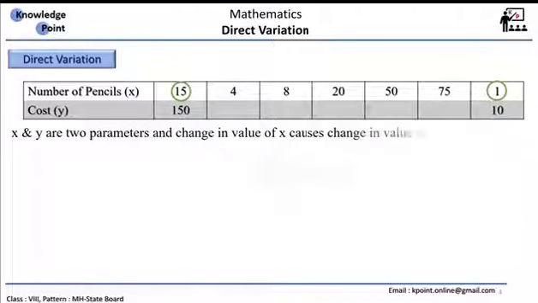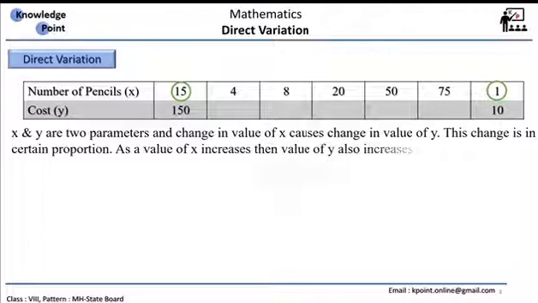So x and y are two parameters here, and a change in the value of x causes a change in the value of y. This change is in a certain proportion. As the value of x increases, the value of y also increases. That is a direct variation.